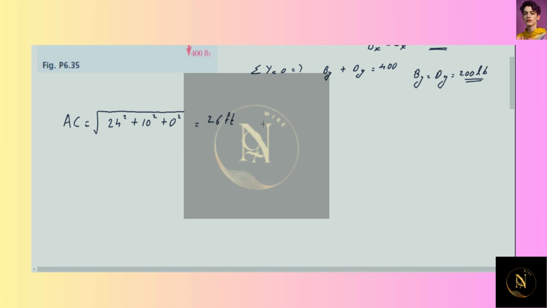Now let's calculate the distance of BC. That will be root of 24 feet square plus 0 square plus 7 feet square, that is equal to 25 feet.